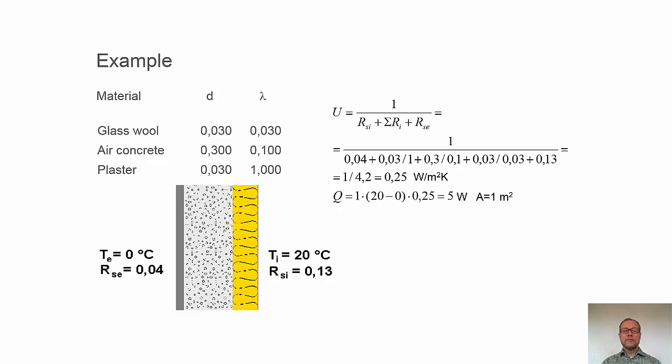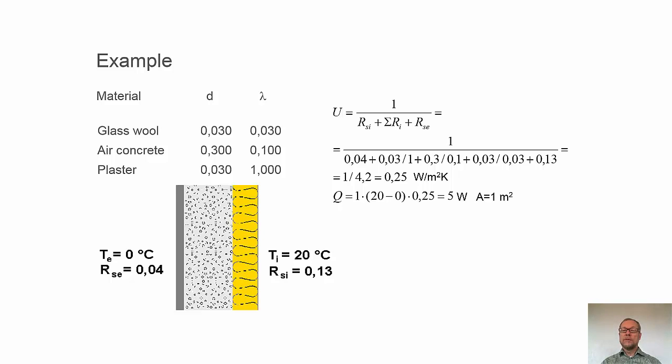The plaster thickness is 0.03 and the lambda value 1, so we have 0.03 divided by 1. For the air concrete, we have thickness 0.3 and thermal conductivity 0.1. For the glass wool, we have thickness 0.03 and the lambda value 0.03 watt per meter Kelvin. Lastly, we add the surface resistance on the inside, 0.13. And we get 1 divided by 4.2, which is equal to 0.25 watt per square meter Kelvin.